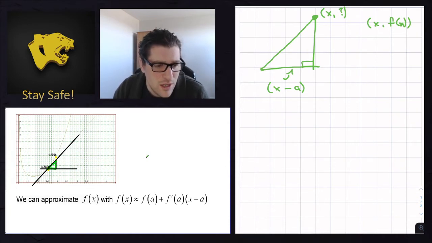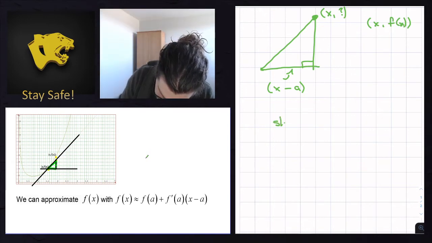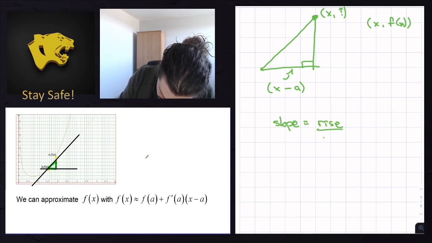So now we can describe the slope, rise, and run of those two points by just saying slope is equal to rise over run.